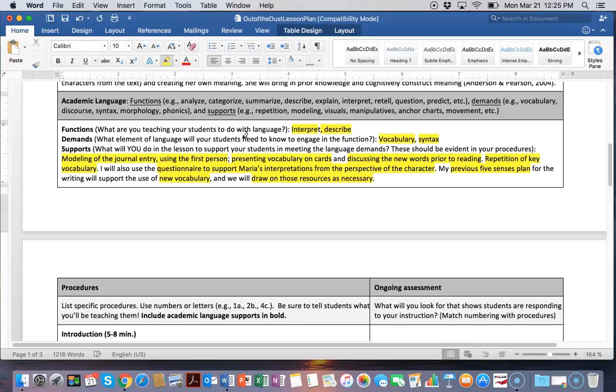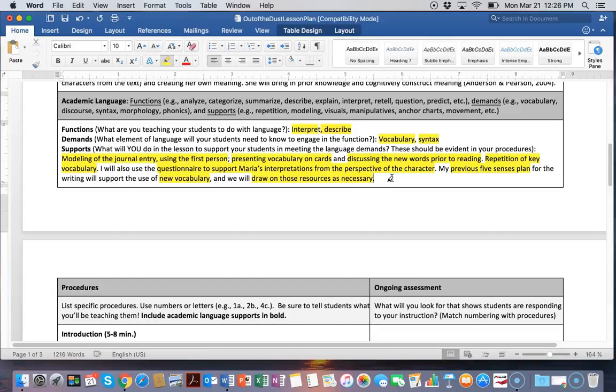Notice that for functions and for demands, it's okay to just include a couple words, interpret or describe, vocabulary and syntax. But one of the things that is important for you to do in supports is to really articulate in a little bit more detail, in a couple, maybe 3 sentences, exactly what you're going to do.